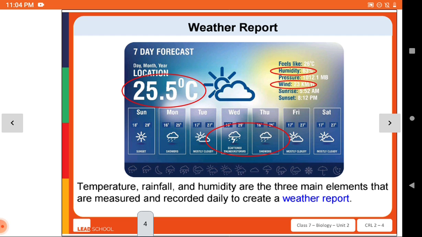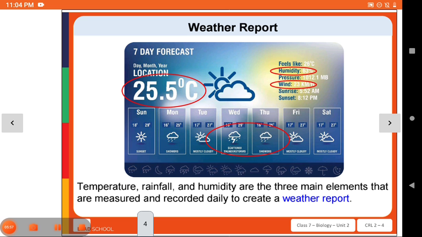For example, temperature of a particular place, rainfall, and humidity are three main elements that are measured and recorded daily to create a weather report. So there are three important elements which help to make a weather report of a day: temperature, rainfall and humidity.